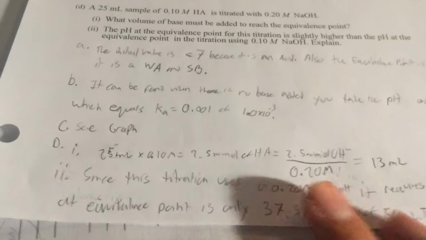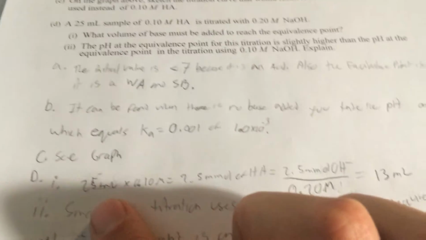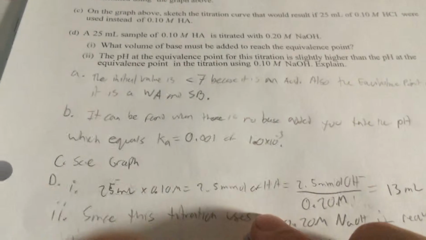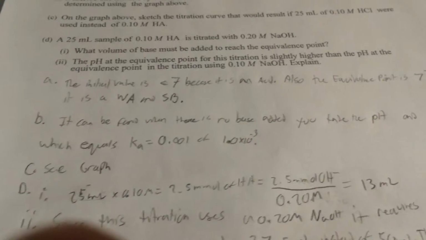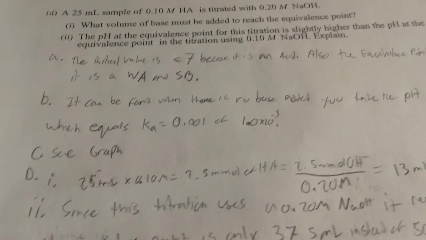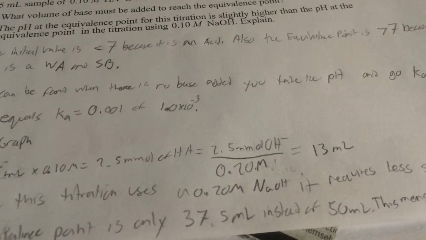The way we can find this mathematically is that we have 25 milliliters of the weak acid, and we multiply it by its molarity to get the millimoles. So it's 2.5 millimoles of the weak acid, and at the equivalence point, they are the same, so it is equal to 2.5 millimoles of OH minus.